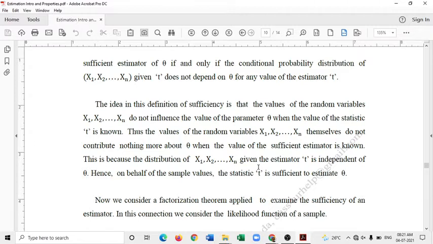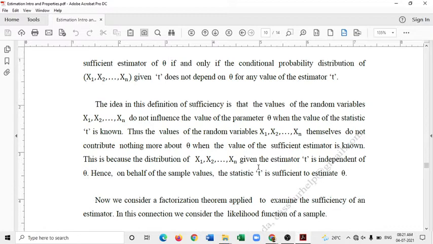Stating that this conditional probability distribution doesn't depend on theta means that there is no influence of x1, x2, etc., xn on the parameter theta when the value of the statistic t is given to us, which means that whatever x1, x2, etc., xn can do regarding the parameter theta can be done by the estimator t also.